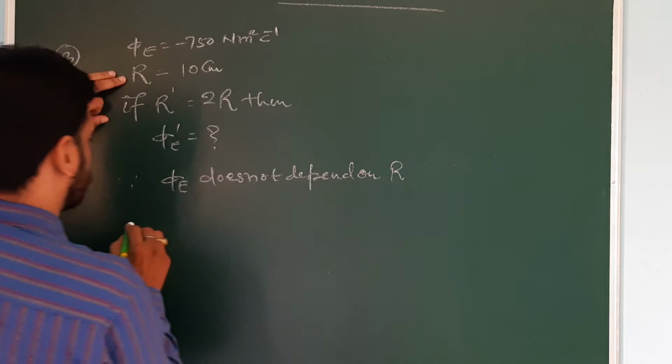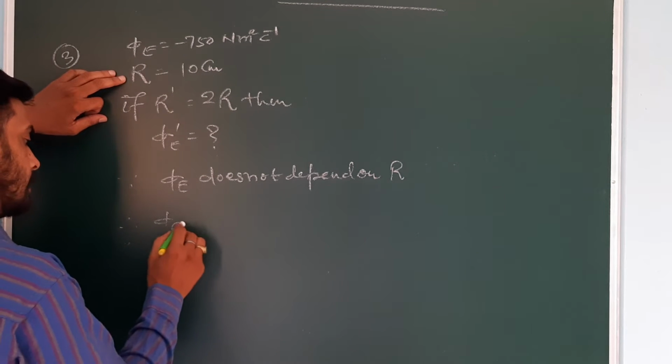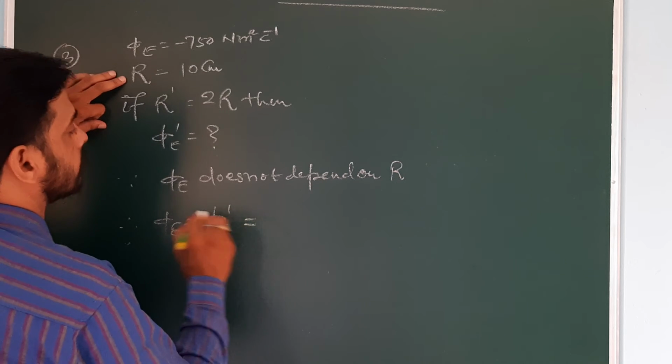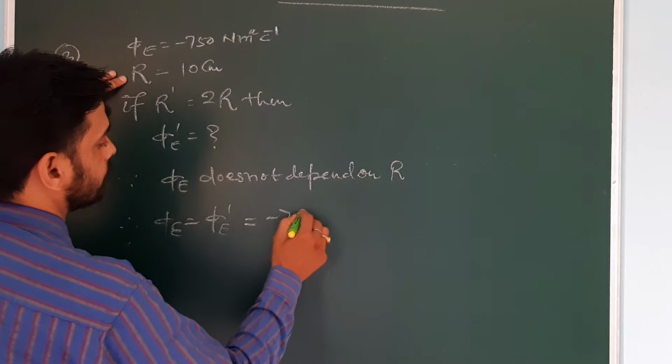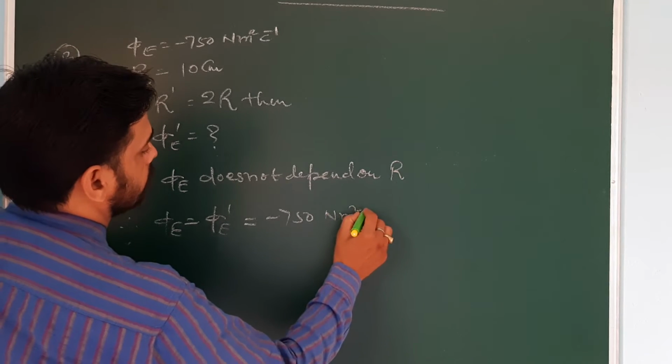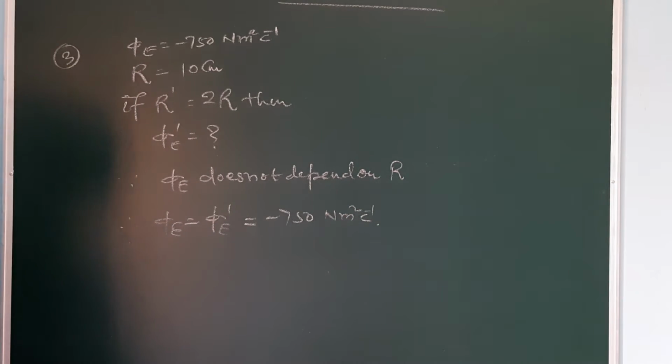Therefore phi E should be equal to phi E dash, which is minus 750 Newton meter square per coulomb. Now see the other part.